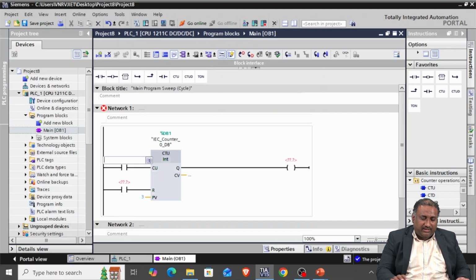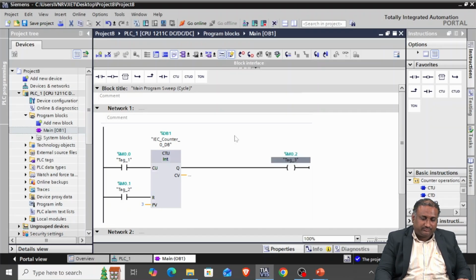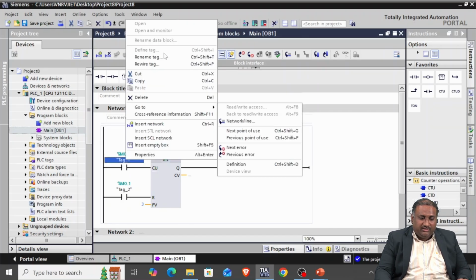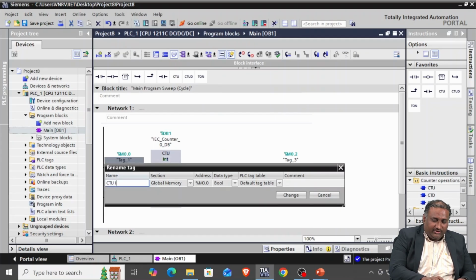Okay, I'm assigning addresses over here: M0.0, M0.1, and for the output I am taking another address M0.2. This is my up counter input.